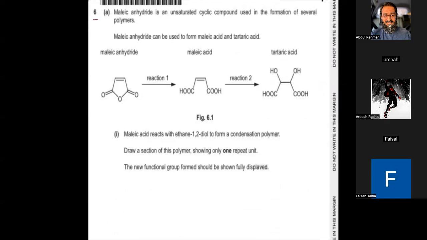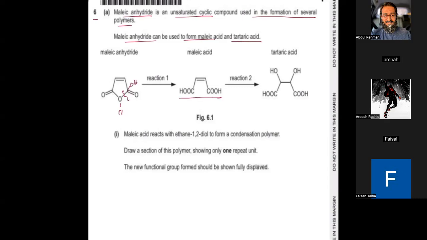Now, question number 6. Maleic anhydride is an unsaturated cyclic compound used in the formation of several polymers. Maleic anhydride can be used to form maleic acid and tartaric acid. If you see, it is being hydrolyzed from here. This one gets H and this one gets OH.